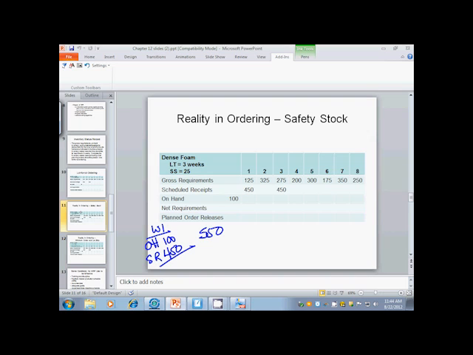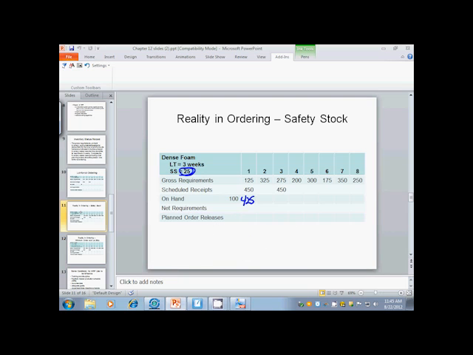We plan on using gross requirements of 125. So we subtract that out, it gives us left 425 units on hand. Is 425 bigger than 25 units? The last time I did math, it was. So we're good. We can say we have 425 units left on hand at the end of week 1.